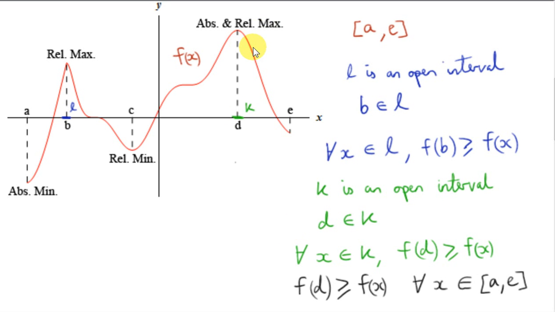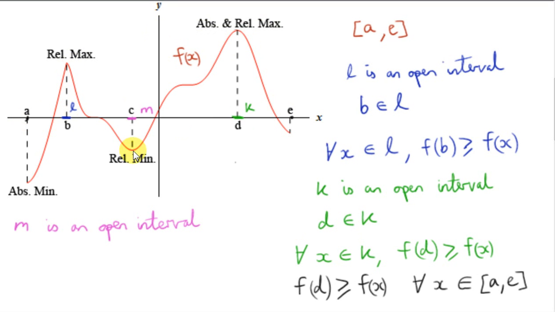That means that f of d is greater than or equal to f of x for all x in the closed interval from a to e. This is the highest point of the function over the entire interval a to e. Now, f of b is only a maximum in a neighbourhood of b.